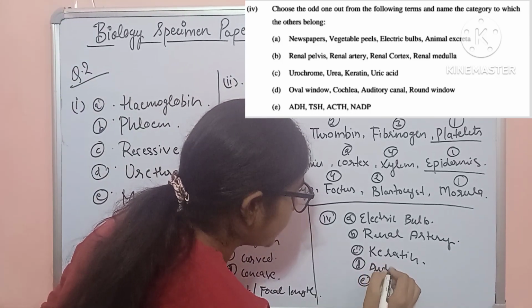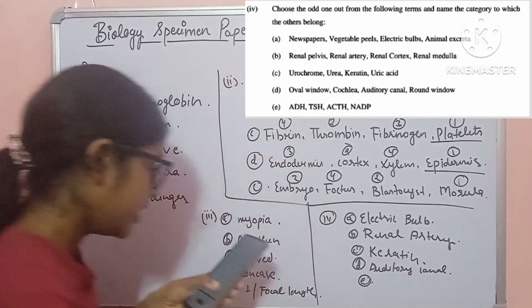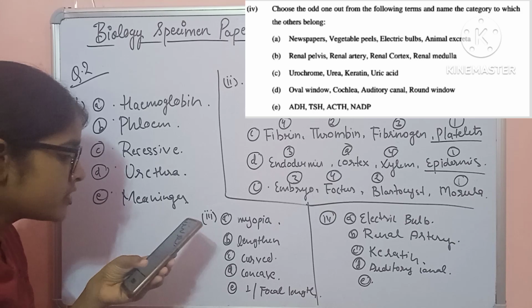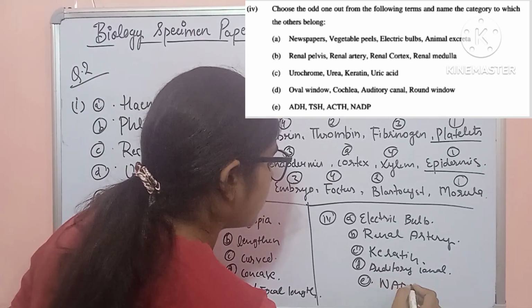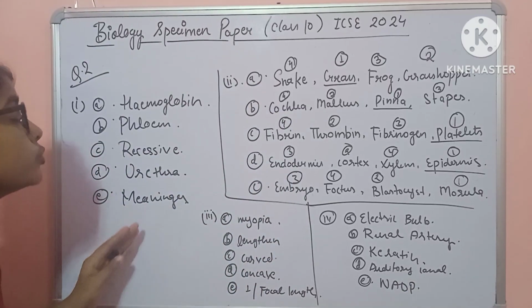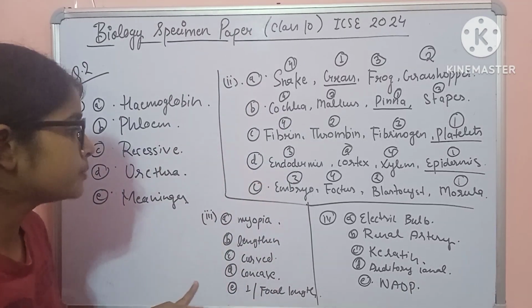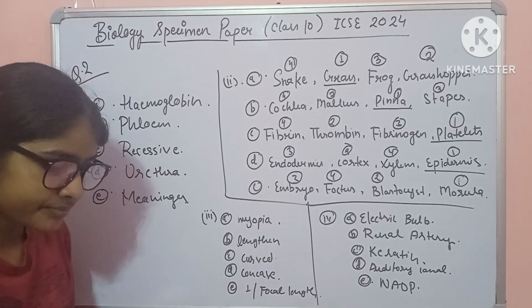Answer is auditory canal. E part. ADH, TSH, ACTH, and NADP. Answer is NADP. Okay. So here you have completed fill up one word, odd one out, and this paragraph, and this odd one out. Okay.